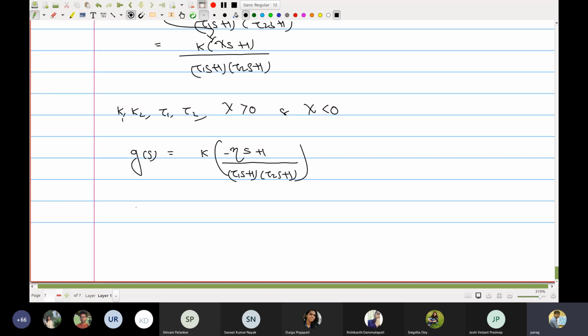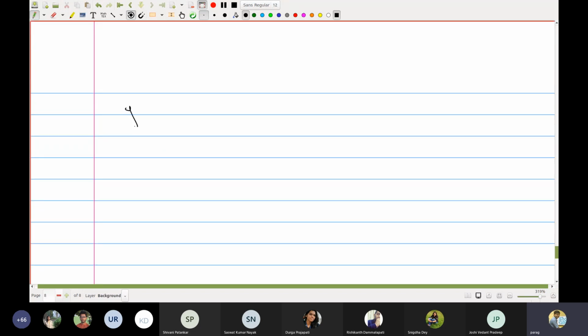So what will we do? We will take the inverse Laplace of K times minus eta s plus 1 upon s times tau 1 s plus 1 times tau 2 s plus 1. Okay, you will take the inverse Laplace transform of this particular transform, and then what will you get? I have done that for you.